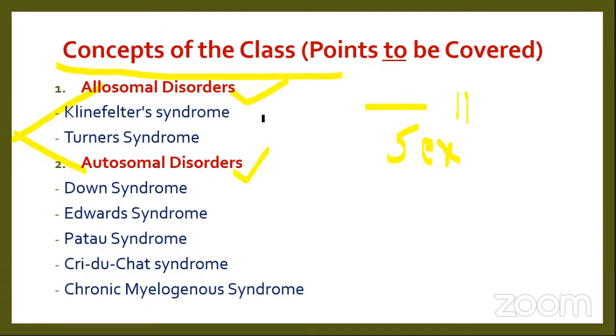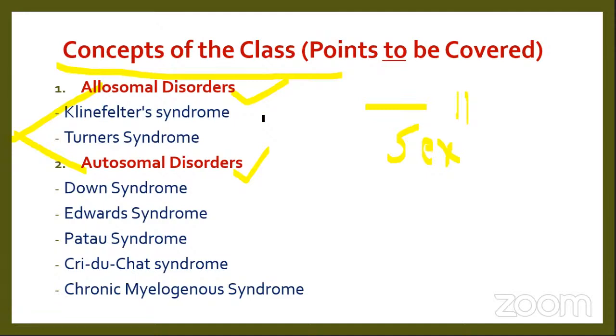Autosomes means apart from the sex chromosomes, all the other chromosomes are called autosomes. There are 22 pairs of autosomes in our body. One pair of sex chromosomes and 22 pairs of autosomes exist in our body.